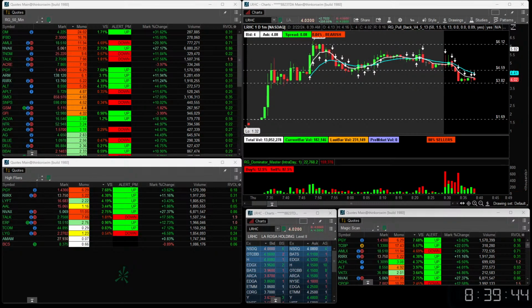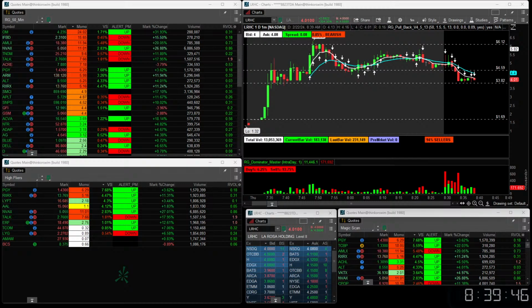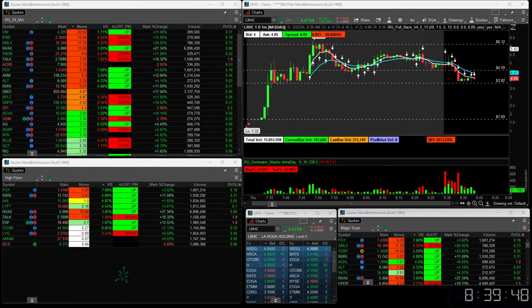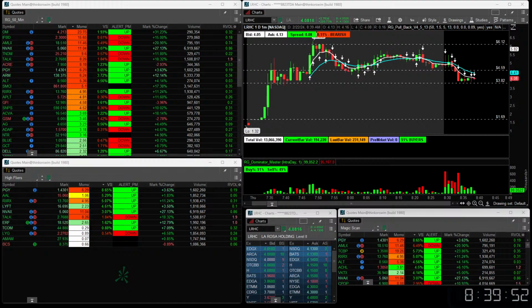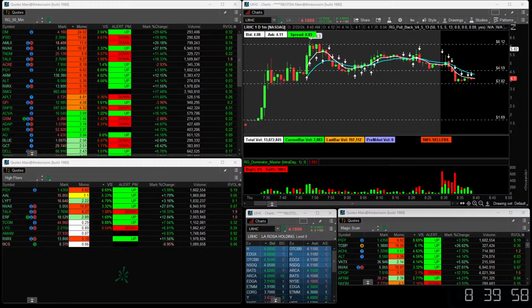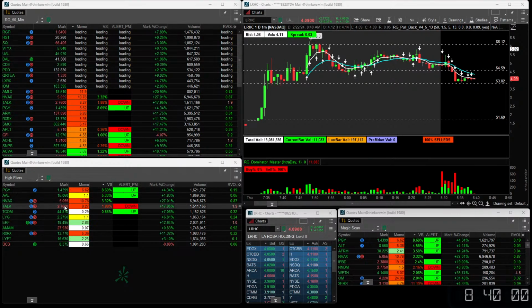I actually thought this stock would move up. It really dropped down a little bit. It kind of seems to be supported down here at the $4 range. I was hoping for a bounce up at this level. We may not get it.